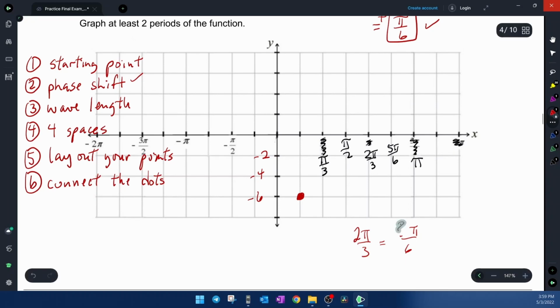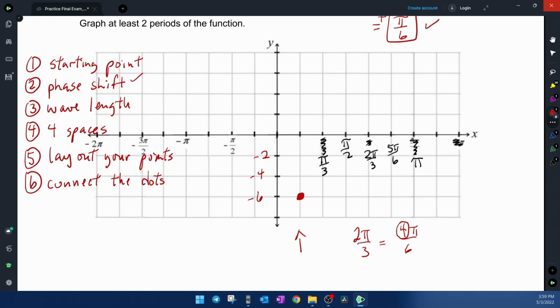And real quick, we can figure out that that's going to be 4 pi over 6, because 4 sixths reduces to 2 thirds. And then this tells me how many hash marks I need to go from my starting point to get to my end point.